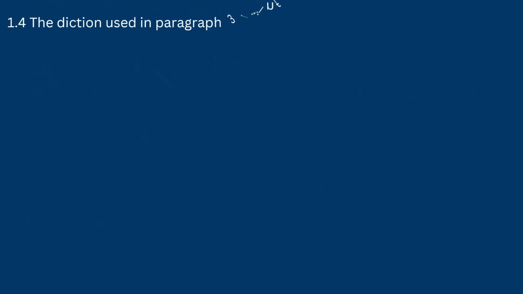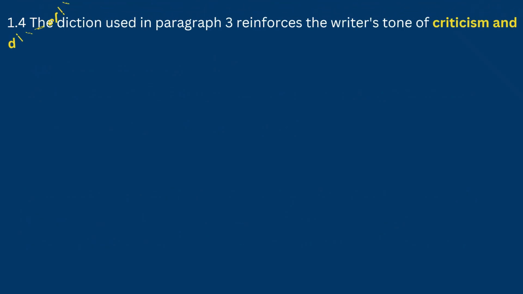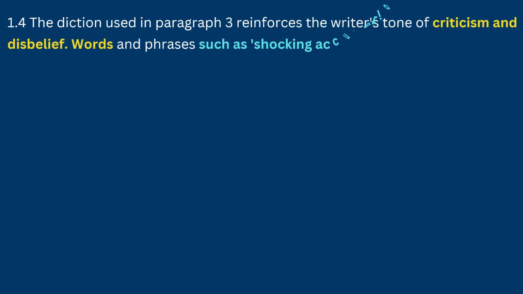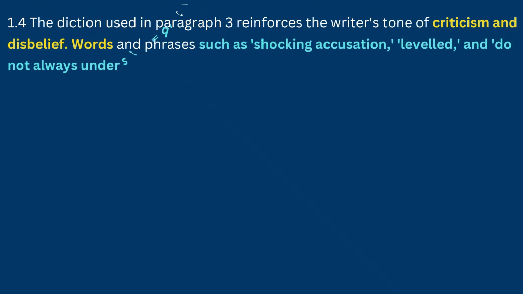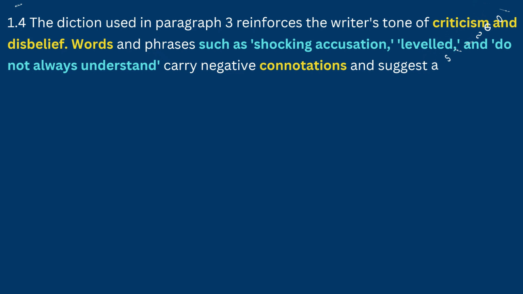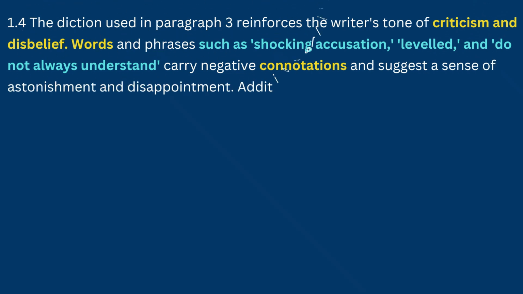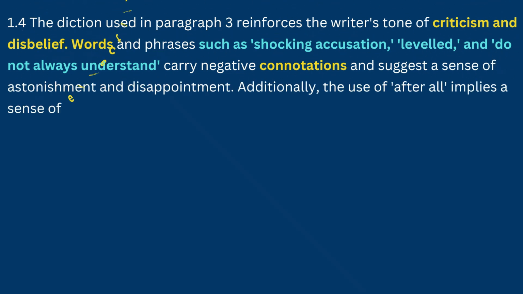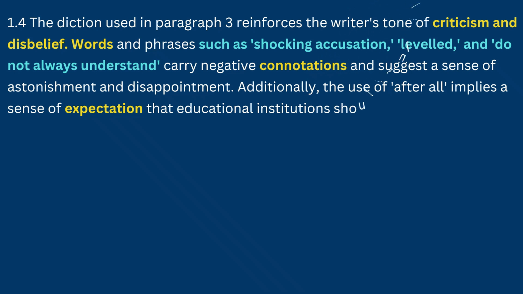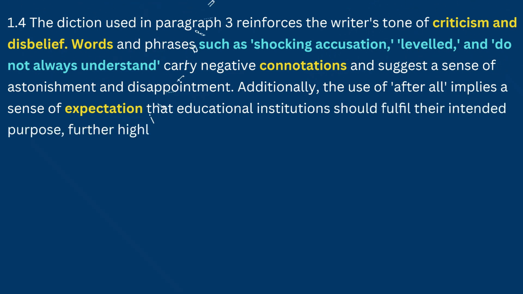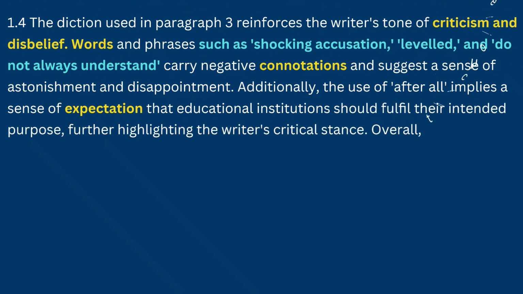Moving on to 1.4. The diction used in paragraph 3 reinforces the writer's tone of criticism and disbelief. Words and phrases such as shocking accusation leveled and do not always understand carry negative connotations and suggest a sense of astonishment and disappointment.